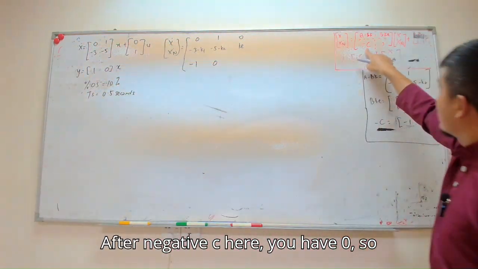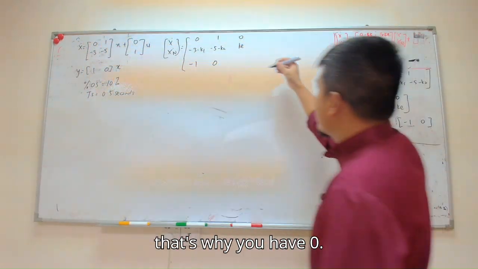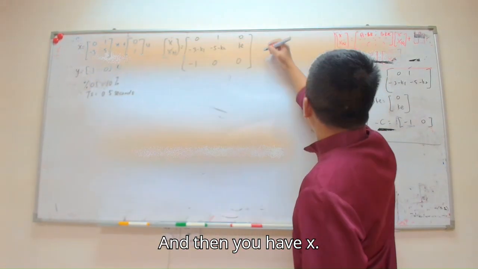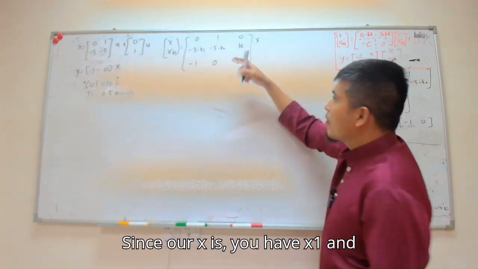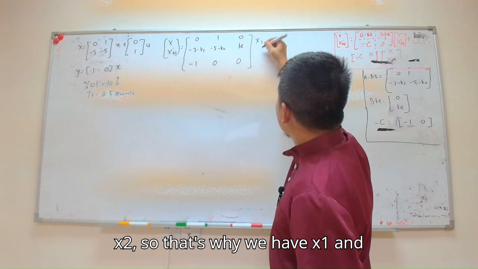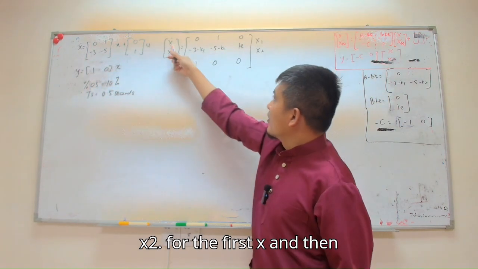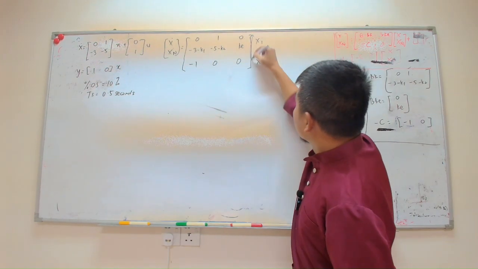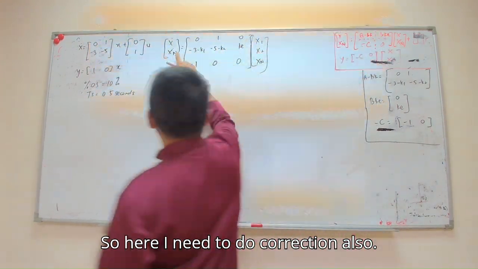After negative C here, you have 0. So that's why you have 0. And then you have x. Since our x has x1 and x2, that's why we have x1 and x2 for the first x. And here I need to do a correction also.